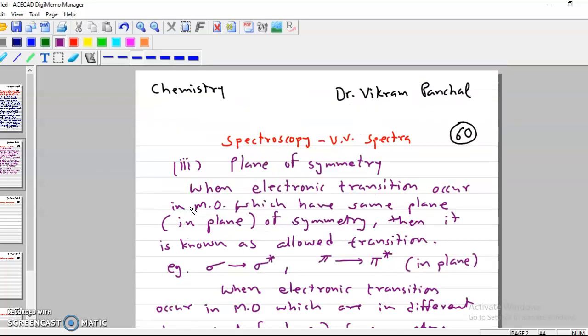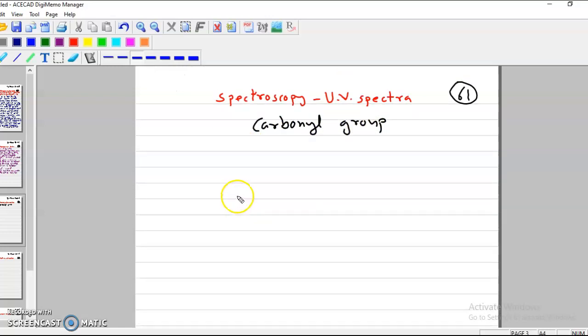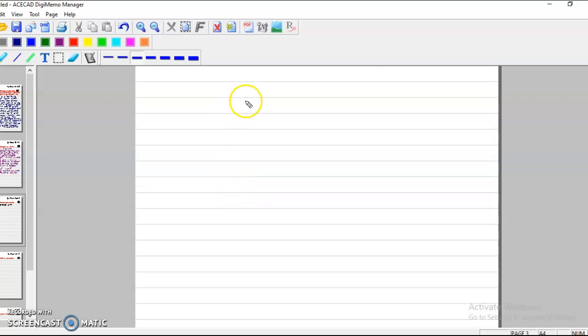Now we will take one example so we can understand this type of transitions. Let us take a carbonyl compound, carbonyl group, C double bond O group. You know, in the carbonyl group there is a double bond between carbon and oxygen, and oxygen has a lone pair of electrons which will be in n orbitals.